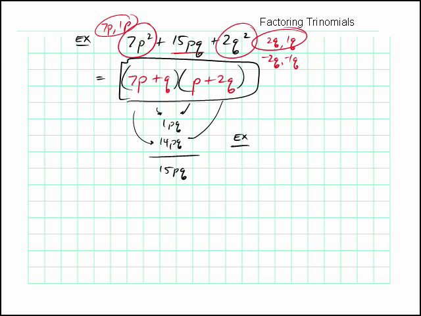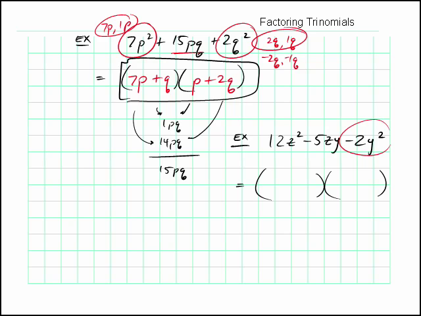Here's another example. 12z squared minus 5zy minus 2y squared. Okay. Let's start with the last term.